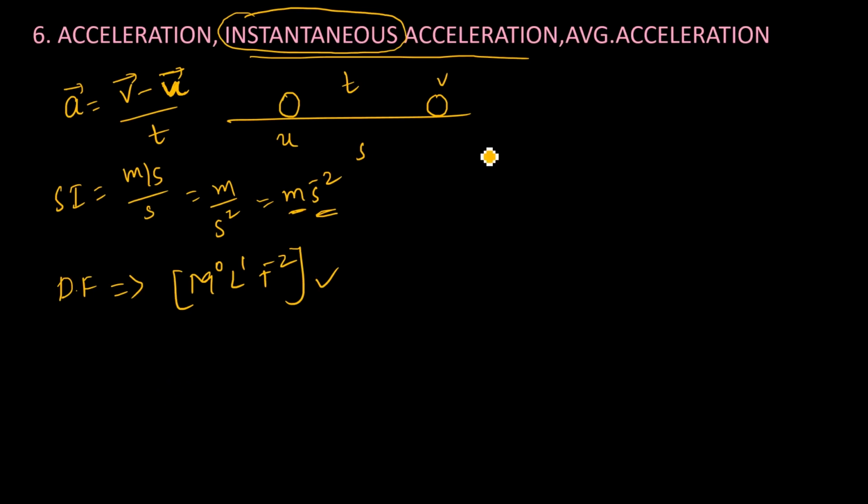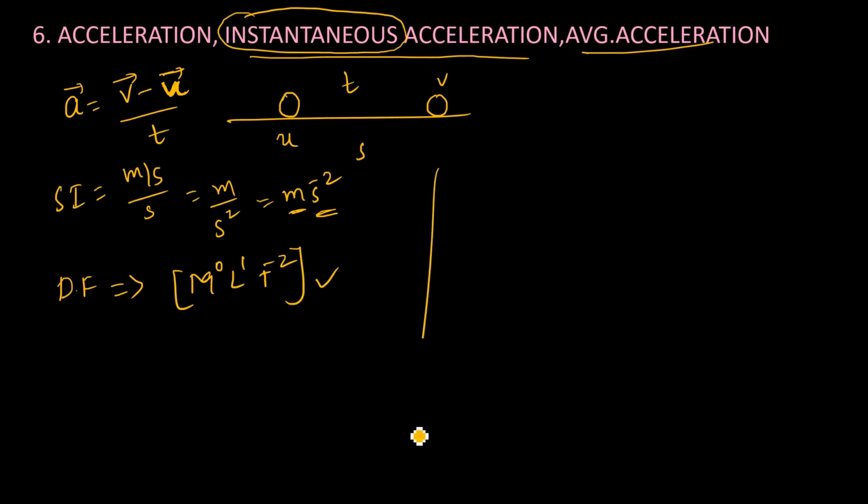Now, average acceleration. What is average acceleration? Average acceleration is nothing but, simply we can say, the change of velocity by time taken. So how much ever change within the body, the total change that we can take.